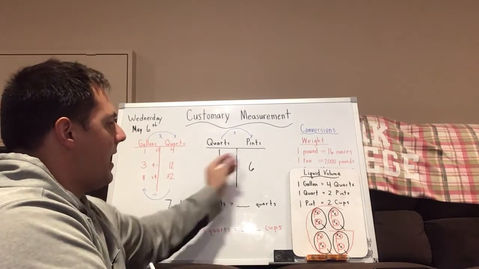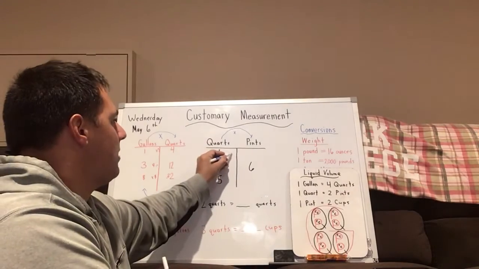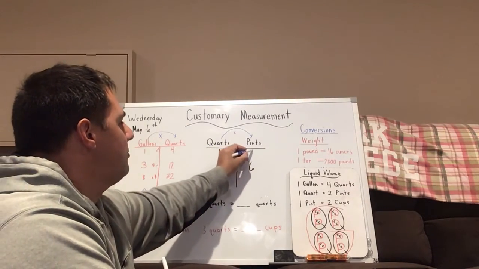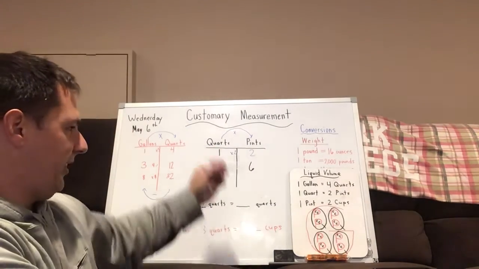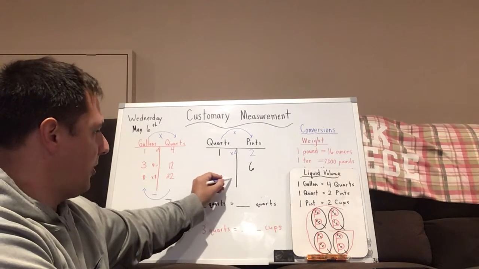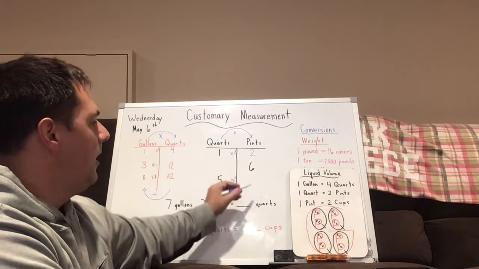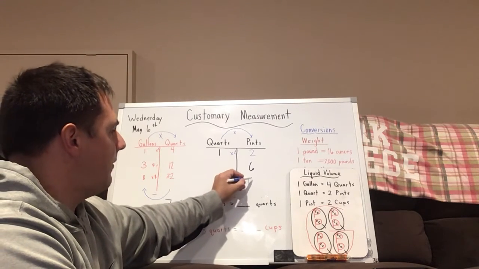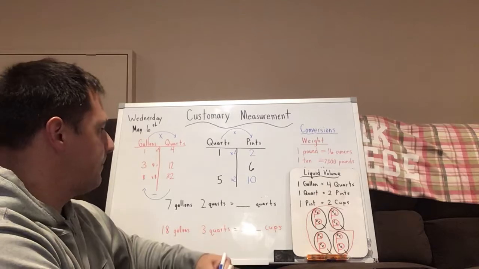And in this case, I'm multiplying by 2. So obviously 1 times 2 is 2. And I'm actually going to jump down here to the bottom one because, again, I'm given quarts, my bigger amount, and I'm going to multiply times 2. And I know that if you have 5 quarts, you would actually have 10 pints.